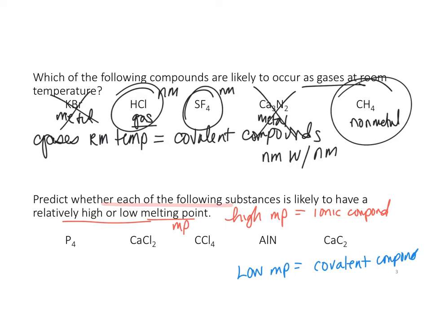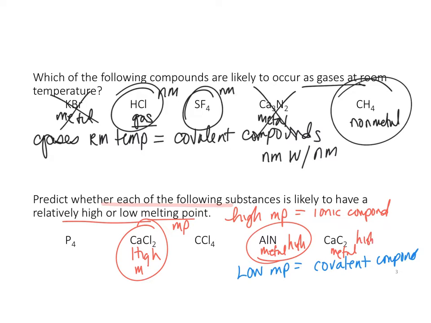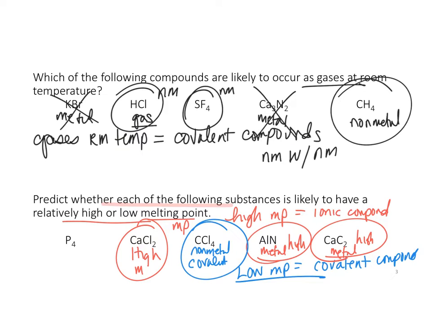So the high ones are going to be, you got a metal here, and aluminum is a metal, so that will be high melting points. Calcium is a metal, so that will be high. And so your low melting points are your nonmetal with a nonmetal. So this is covalent, carbon tetrachloride, and then phosphorus with itself, that is a nonmetal with a nonmetal, and that's going to have a low melting point.